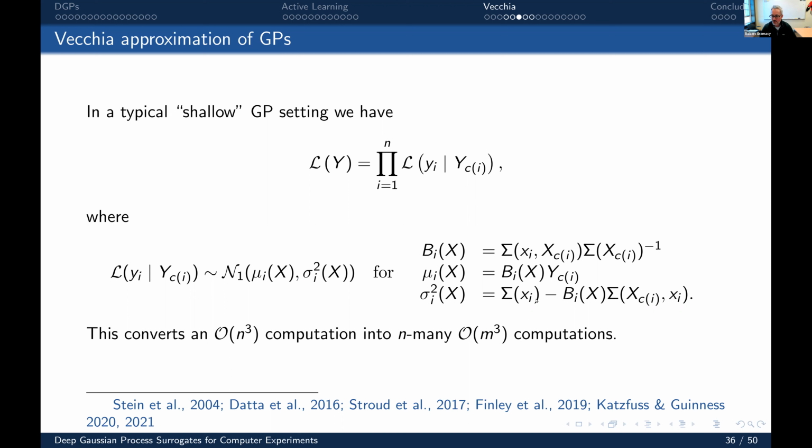And you can see I'm never working with a covariance matrix that's bigger than the size of the conditioning set. So if that's m, I never have a calculation that's bigger than m cubed in my approximation. So I'm converting an n cubed computation into n many m cubed ones, which could be a lot faster if m is small.